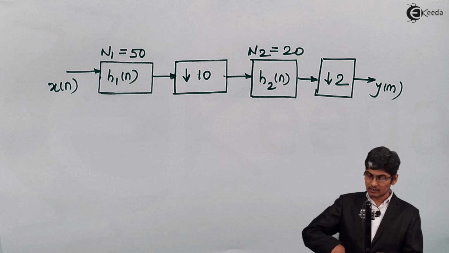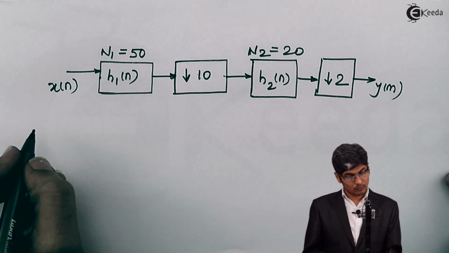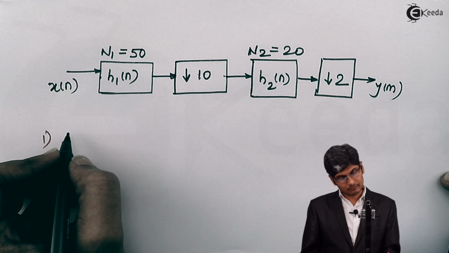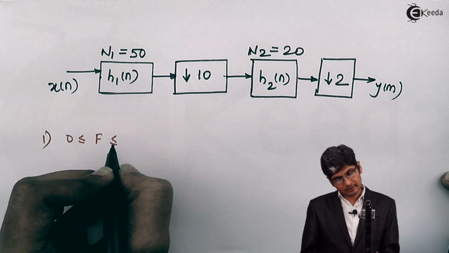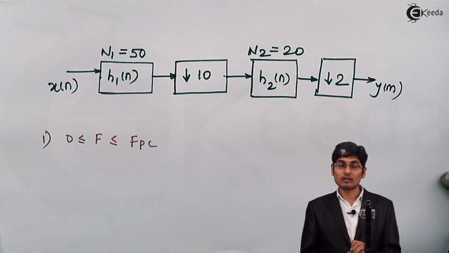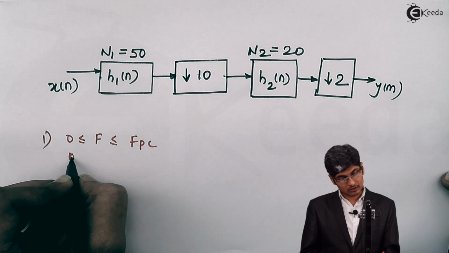Okay, so if I again summarize stage 2, first I calculated the pass band, then we calculated the stop band.